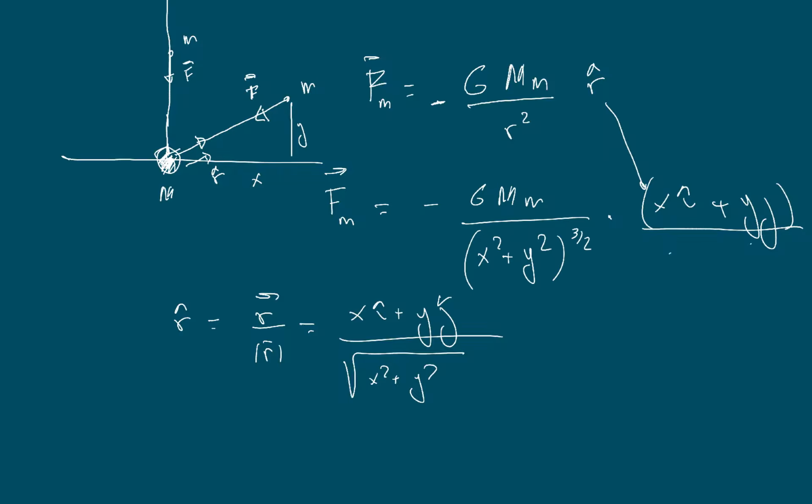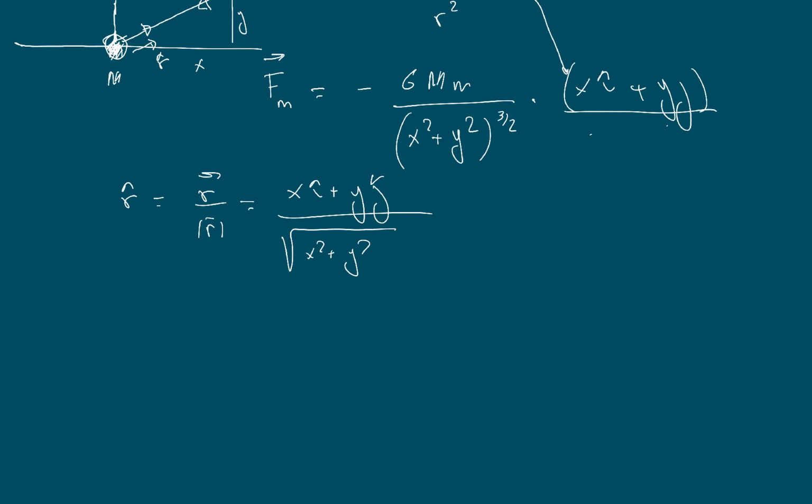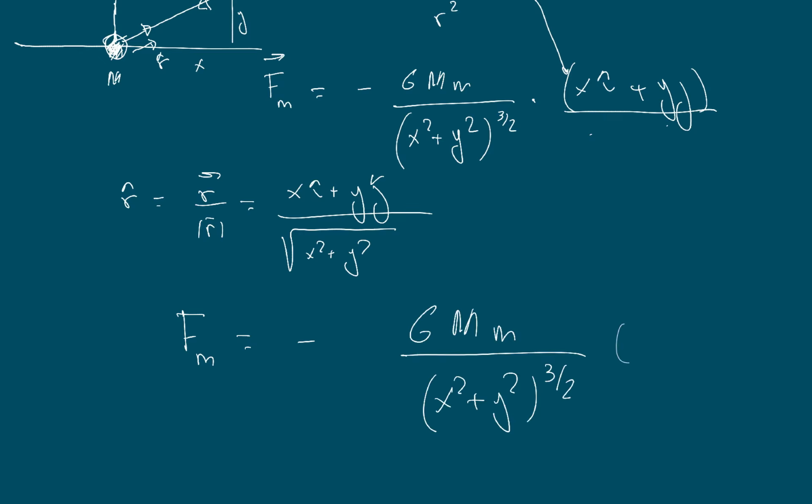Conclusion: the force acting on little m is minus GMm divided by x squared plus y squared to the 3/2, times xi plus yj.